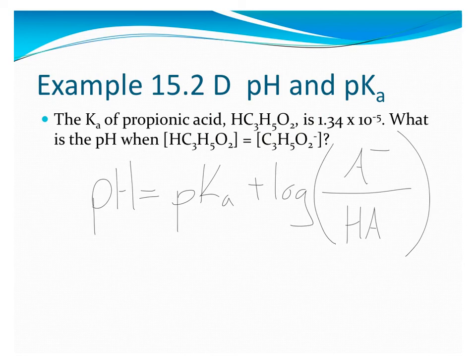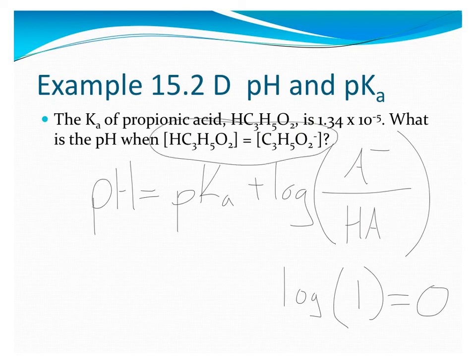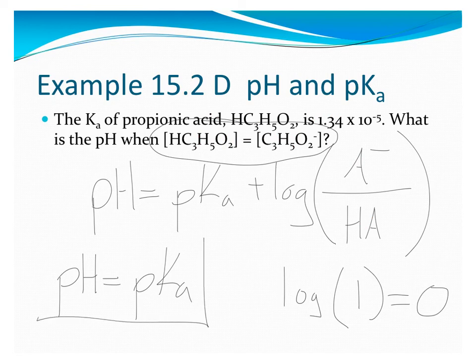Well, when these are equal, A- over HA gives me the log of 1. The log of 1 is 0. At this moment, when those conjugate pairs are equal, our Henderson-Hasselbalch equation reduces to pH equals pKa.